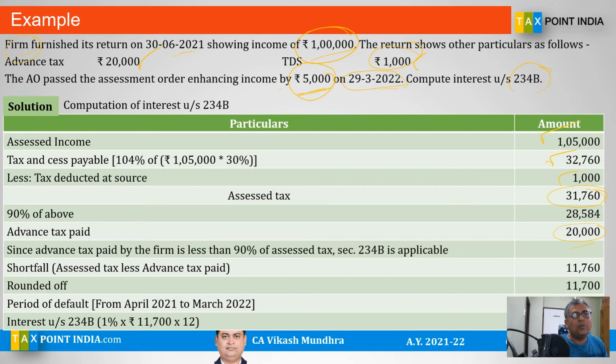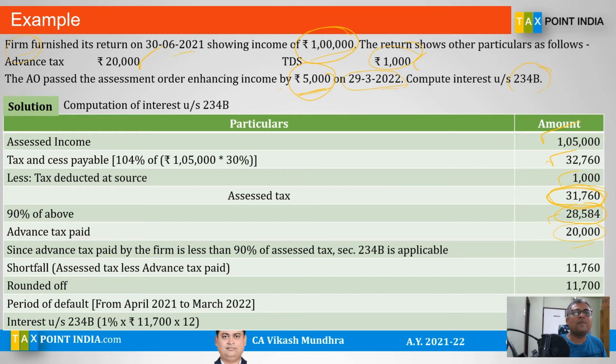Now you check whether you have paid 90% of your assessed tax liability by way of advance tax or not. 90% of 31,760 comes to 28,584. Since you are supposed to pay 90% of your assessed tax by way of advance tax, that comes to 28,584, but you have paid only 20,000.